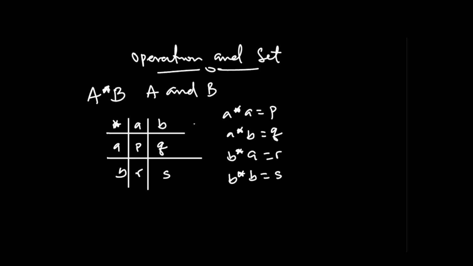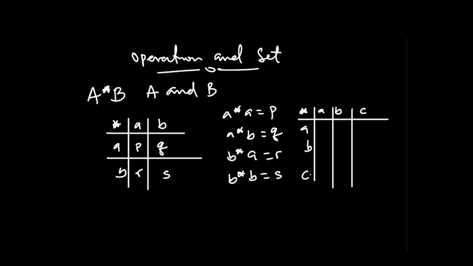So if it is more than 2 also, let's take for instance that I have this operation here, asterisk, and this is A, B, C. This is also A, B, C. So how do we fill this? So to fill this, you just say A operation what?